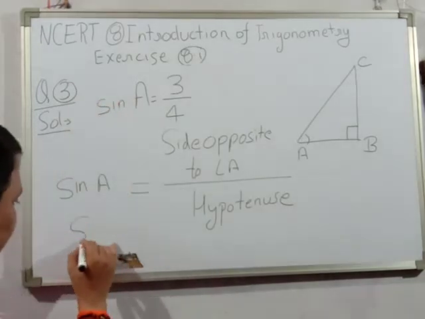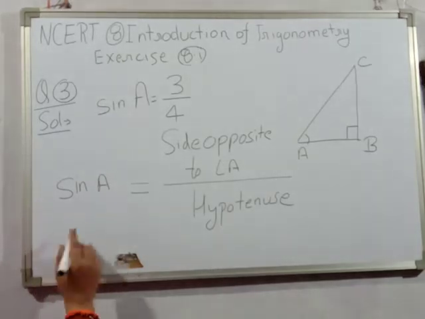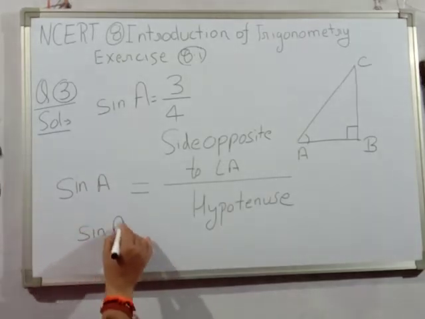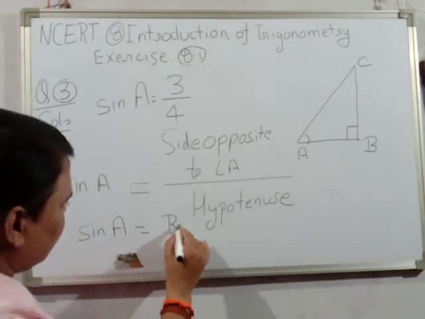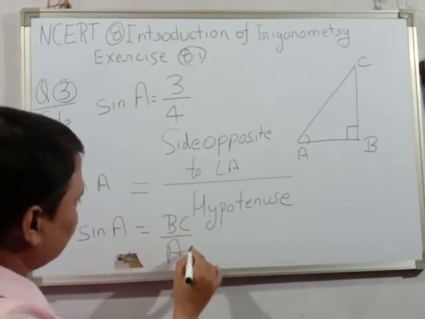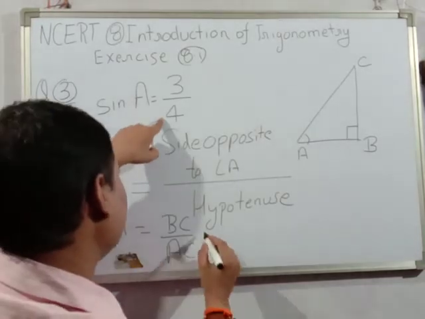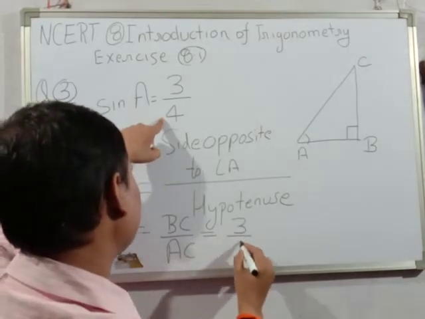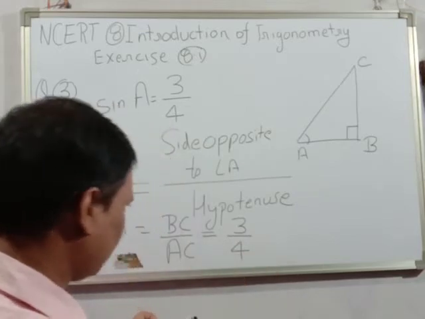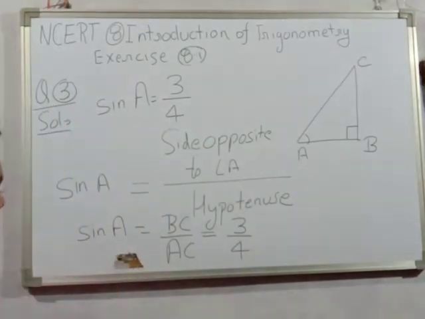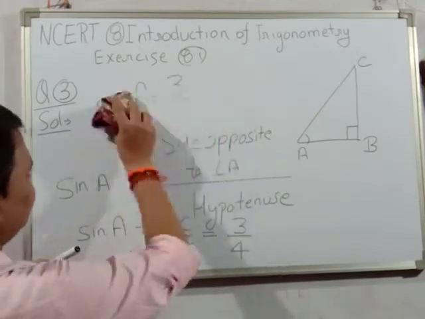That is, sin A equals BC upon AC, and this equals 3 by 4.